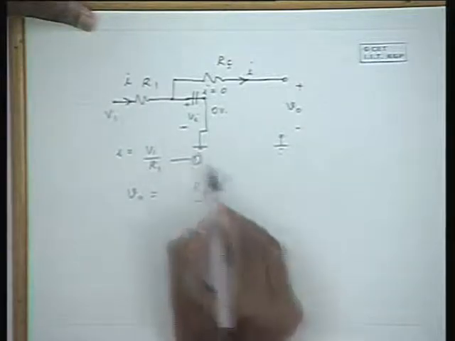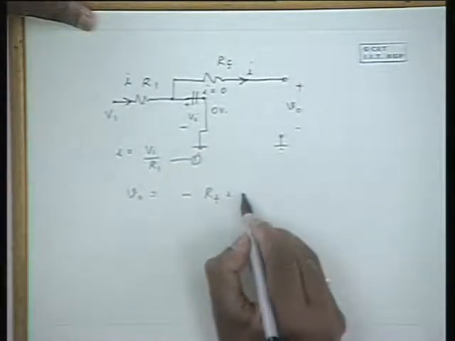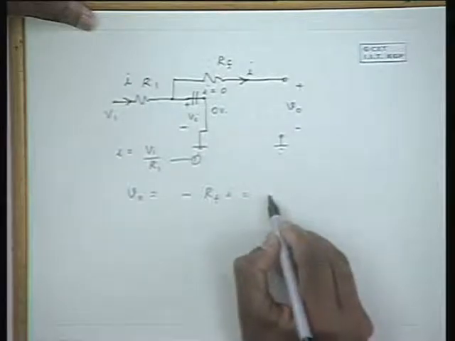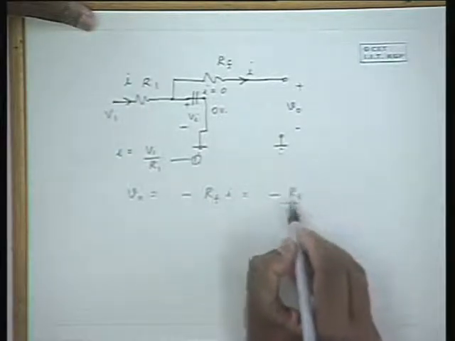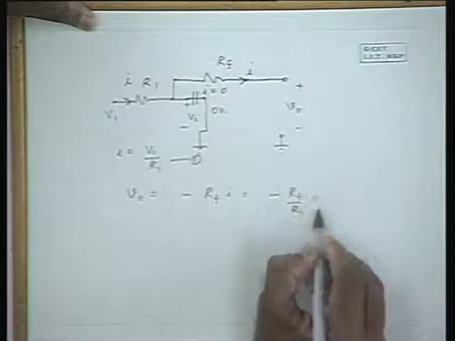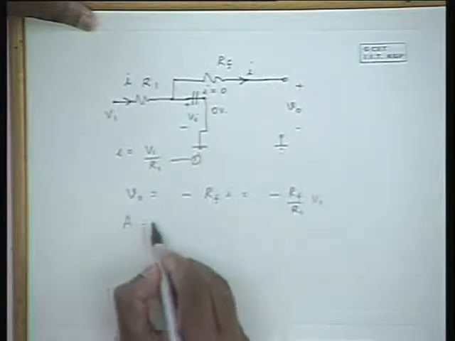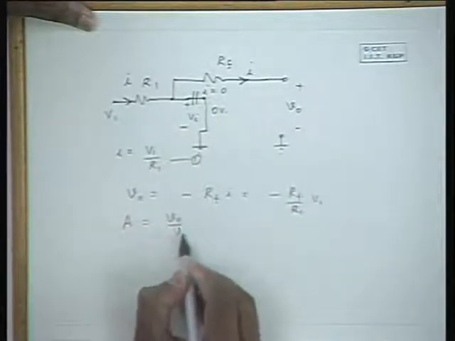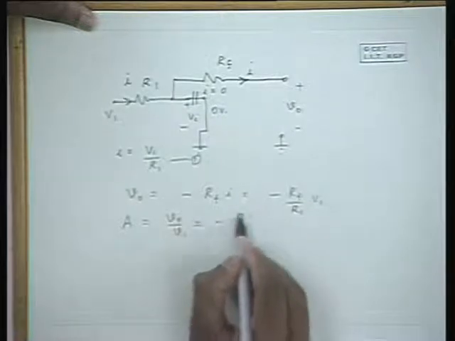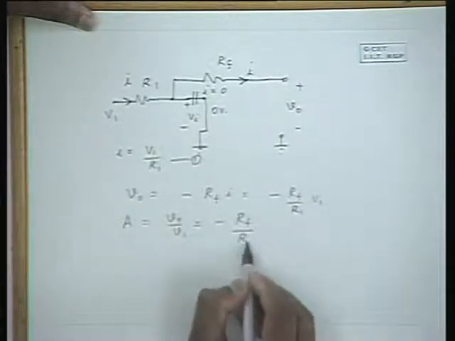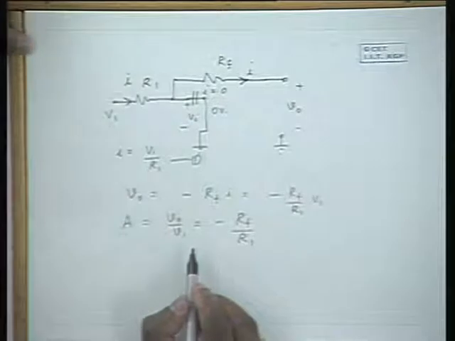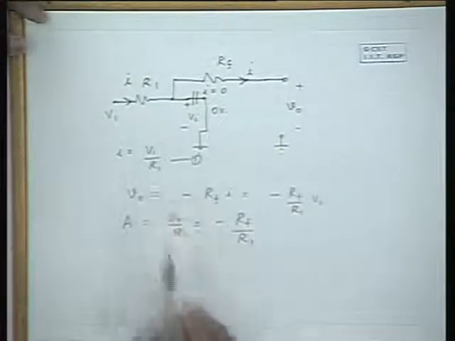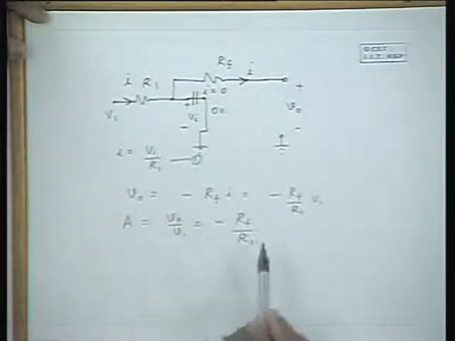If you substitute 1 in 2, you will get this as minus Rf by R1 into V1. Hence the voltage gain A is equal to V0 by V1 is equal to minus Rf by R1. So using the virtual ground concept, we can analyze the circuit in a much simpler way.